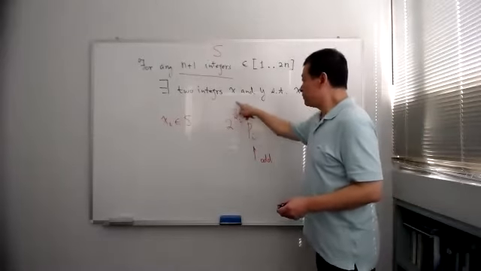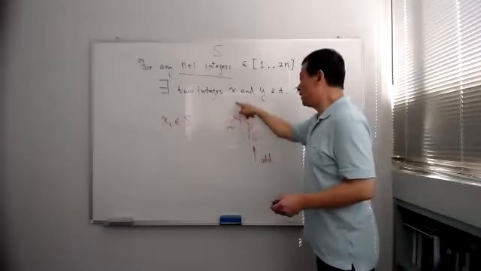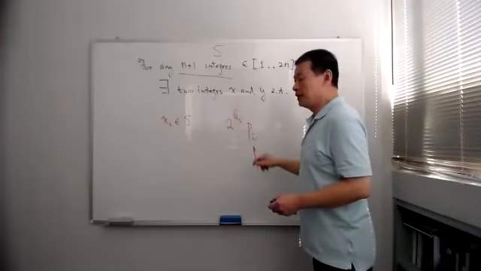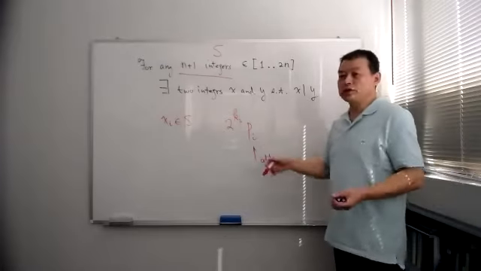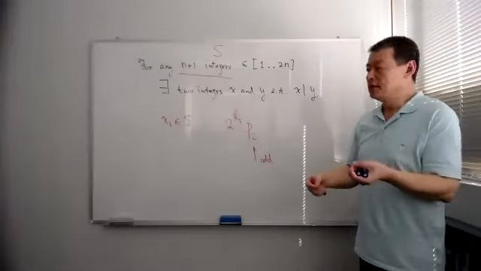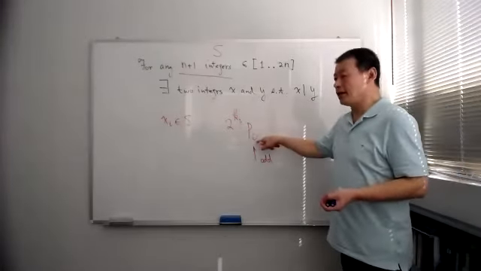This part is a power of 2. And any integer can be represented in this form. What we do is keep on dividing it by 2, so eventually we get a power of 2 times an odd number.